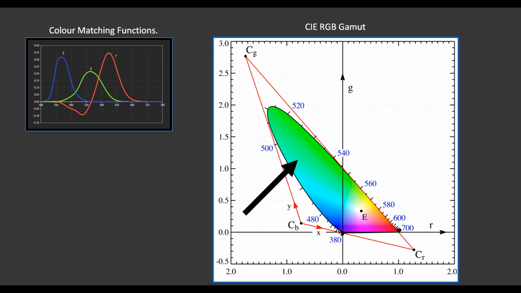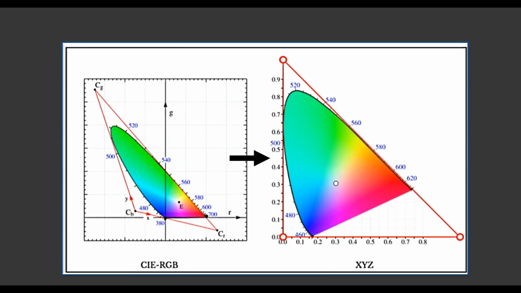The next step was to make it more ergonomic and easier to deal with. Get rid of these negative values, clean it up mathematically. And this is what the CIE 1931 XYZ space is. A cleaned up, linearly transformed CIE-RGB. We can now move from CIE-RGB to the much more convenient XYZ with just a 3x3 matrix multiplication.